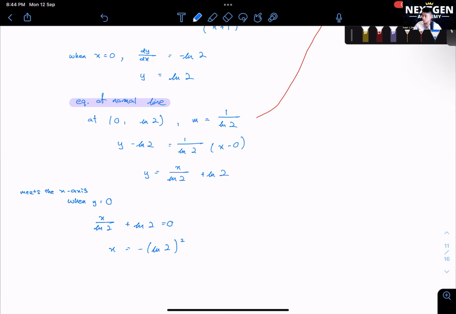Wait, let me see. Is it ln 2 or negative ln 2? Give me a moment. Negative x ln 2. Okay, it's correct. So x equals negative ln 2 square.